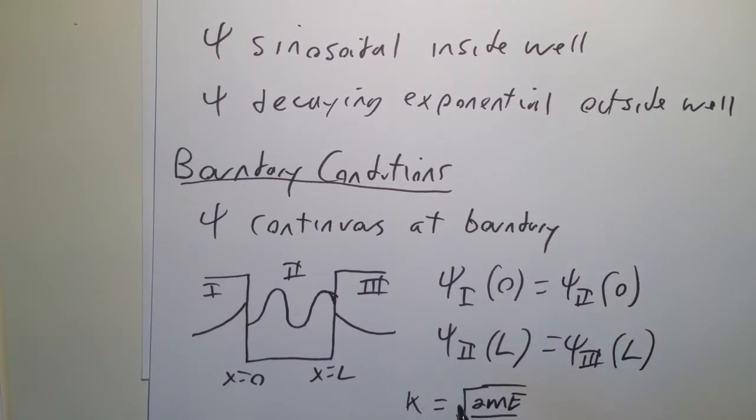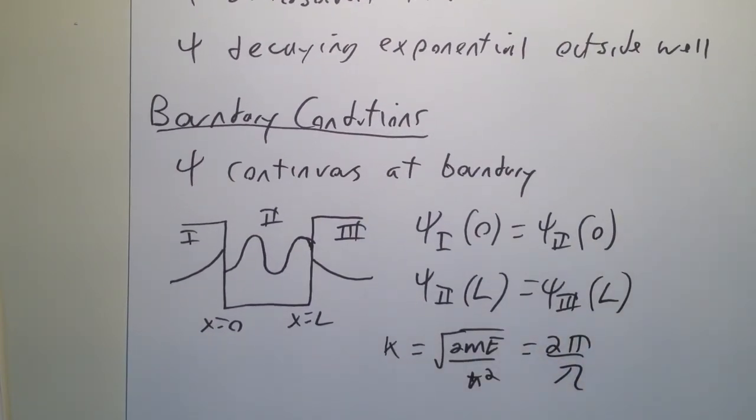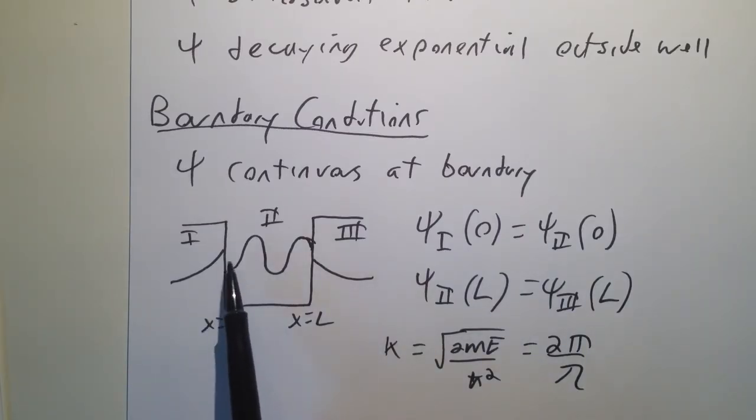So as energy increases, my wave number is increasing. And if you recall our definition of wave number, as my energy is increasing, my wavelength is decreasing. So as I increase in energy, I'm decreasing my wavelengths, I'm fitting more and more peaks and troughs into the well, but only certain versions of that wave, certain wavelengths, are going to fit such that it meets this boundary condition.